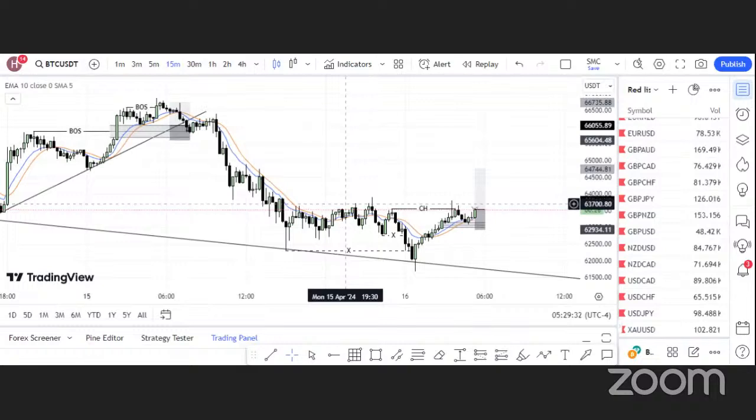Okay, so right now this market is going to continue to buy. Market is going to continue to buy.